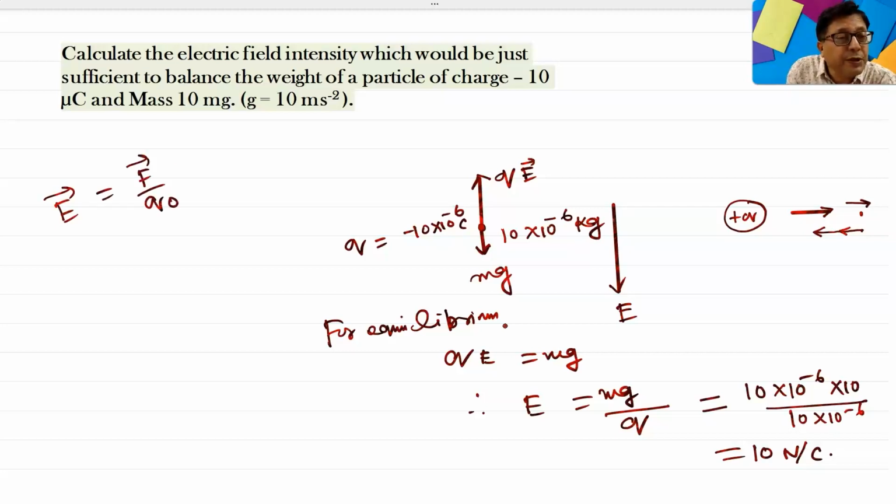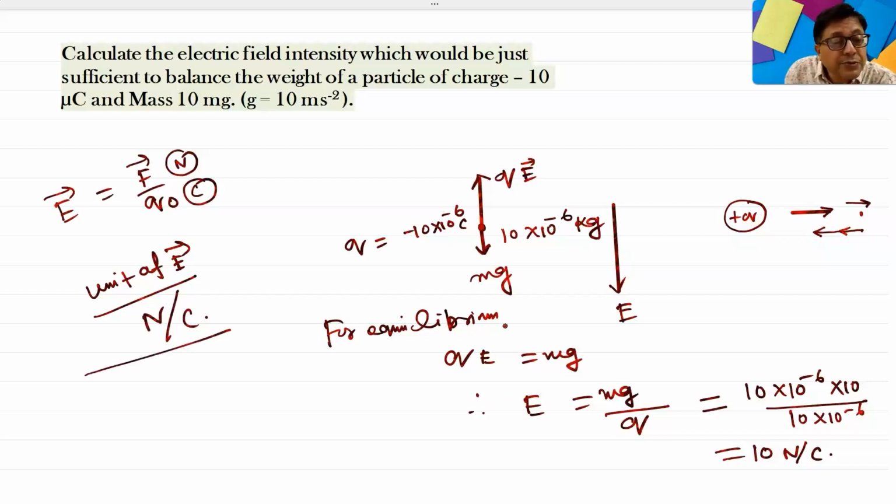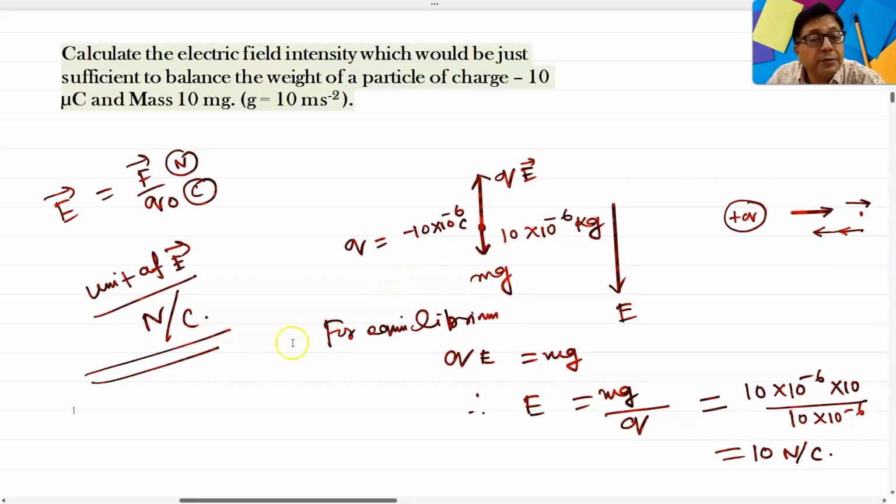F is in Newton and q0 is expressed in coulomb. So the unit of E is going to be Newton per coulomb. Other units we will learn in the following chapters. Right now, in the present chapter, you will write the unit of electric field as Newton per coulomb only.